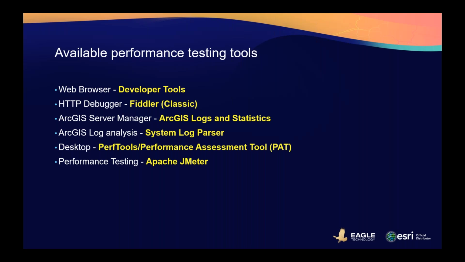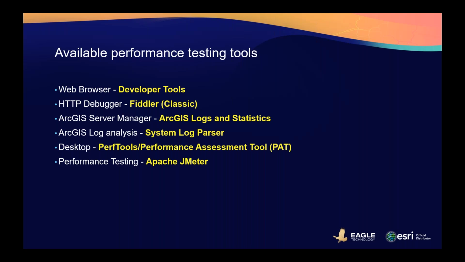As Zorka has mentioned before, there's the ArcGIS logs and statistics that you can investigate and get some stats on that, as well as the system log parser, which uses your ArcGIS server logs to get some patterns on that.